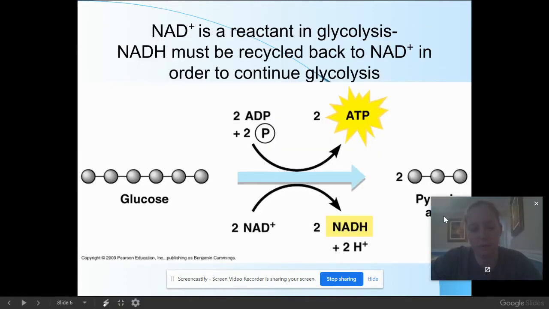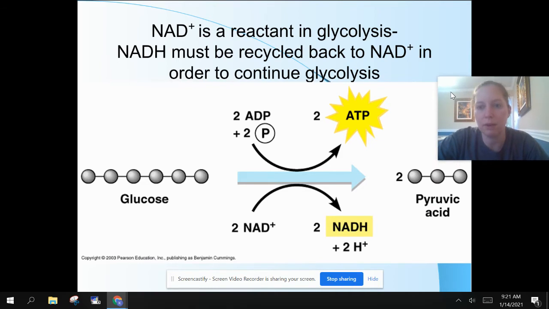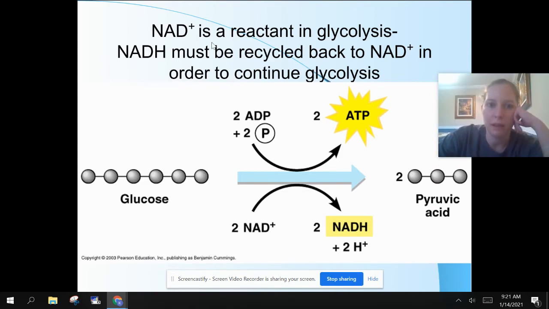So you hopefully remember that NAD plus is a reactant in glycolysis. NAD plus is one of the molecules that oxidizes the carbons in glucose, and that process is what generates some of the electron carriers that then later get used, usually if we have oxygen, in the electron transport chain.